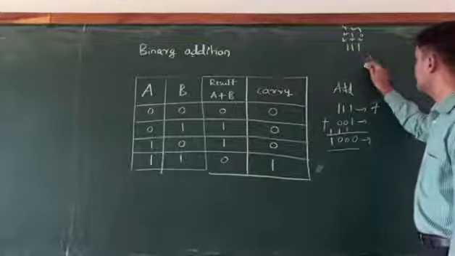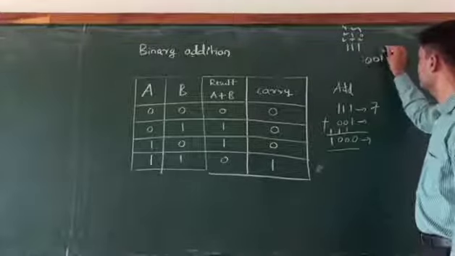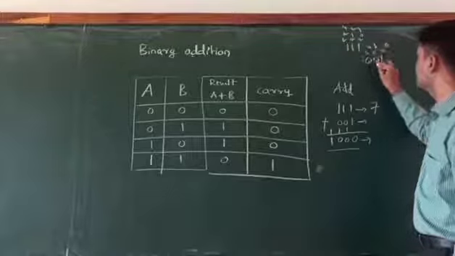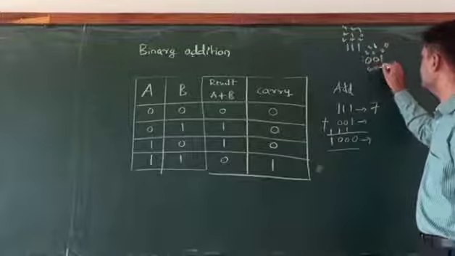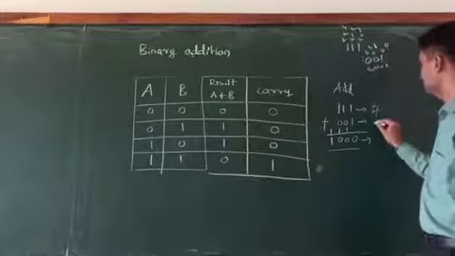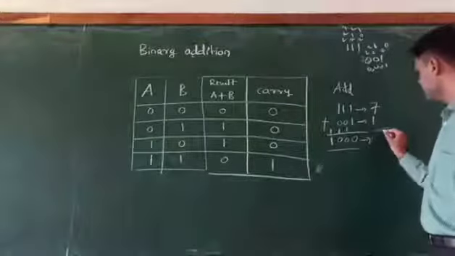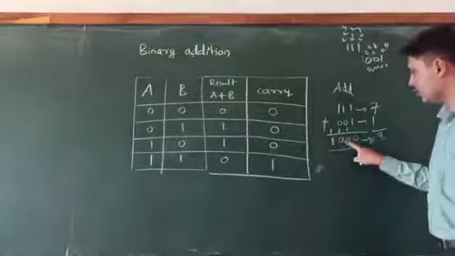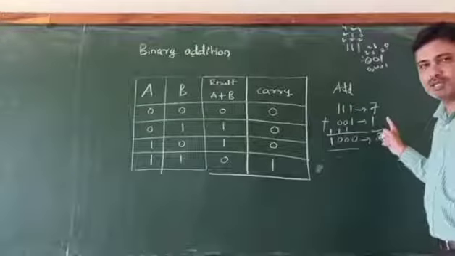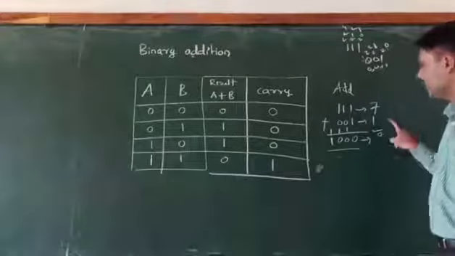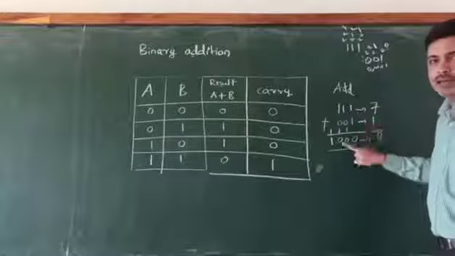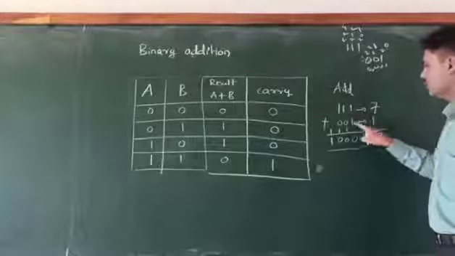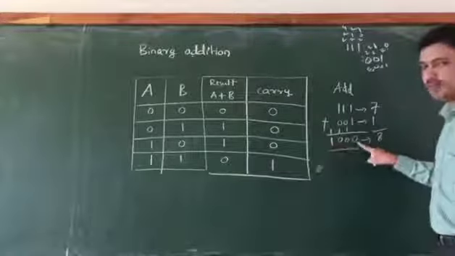Then 1 0 0 0: 2 raised to 0, 2 raised to 1, 2 raised to 2 are 0, and 2 raised to 3 is 8. When we convert 1000 to a decimal number, the answer will be 8. You can cross check by converting the binary number to a decimal number. 7 plus 1 is 8. 111 plus 001, answer will be 1000.